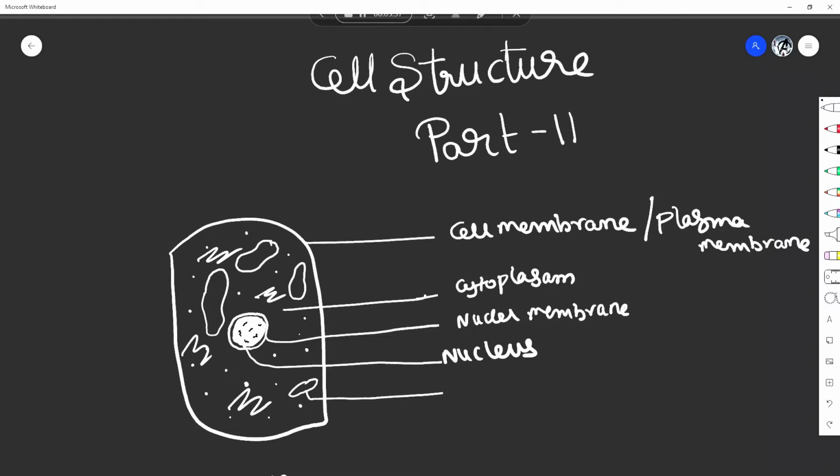The nucleus contains small thread-like structures. These thread-like structures are called chromosomes. These chromosomes carry the particles which we call genes. We say your eyes look like your father's, your nose looks like your mother's, your hair color is just like your aunt's.